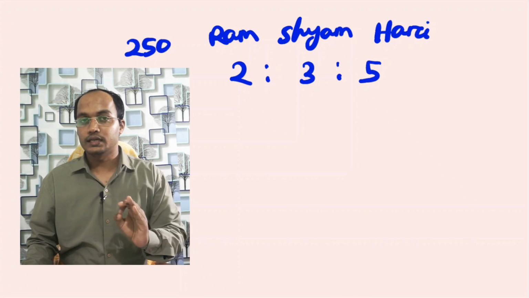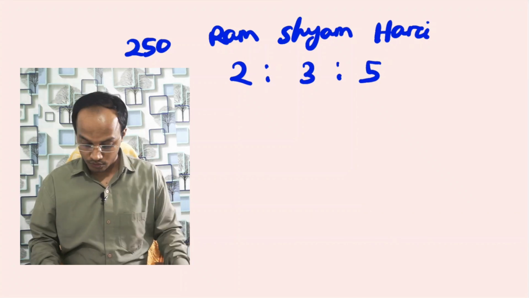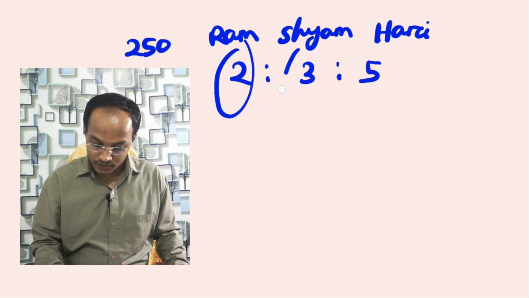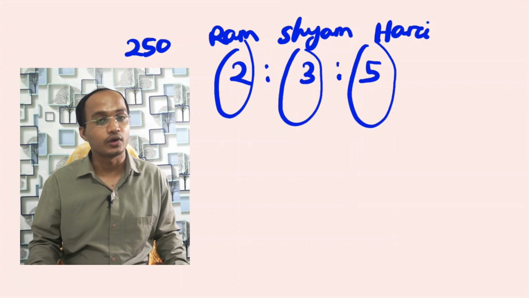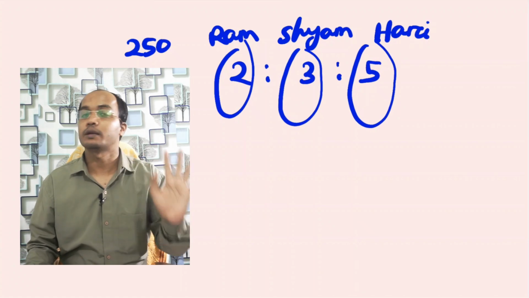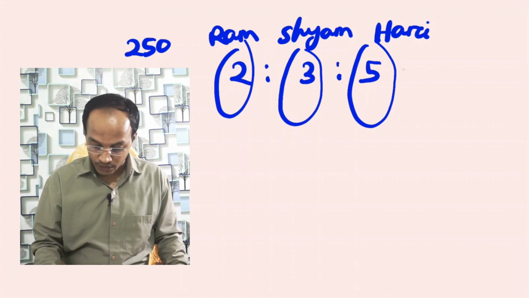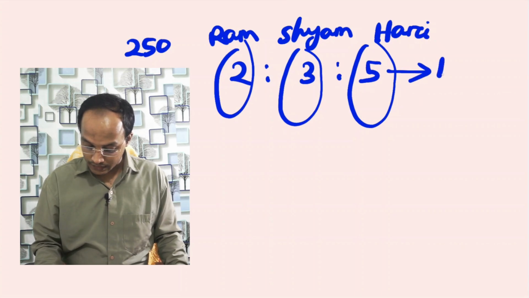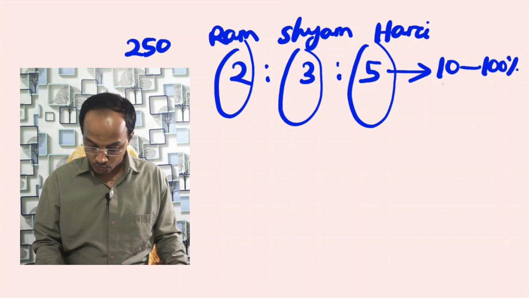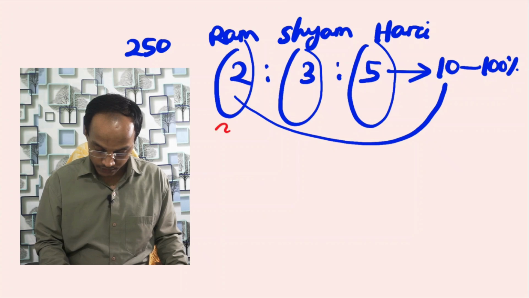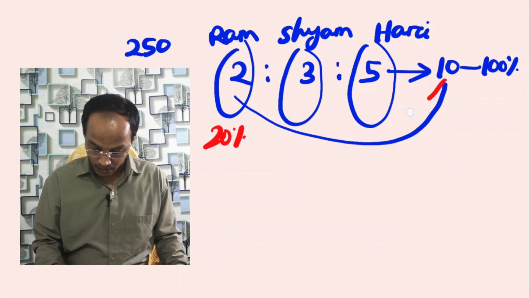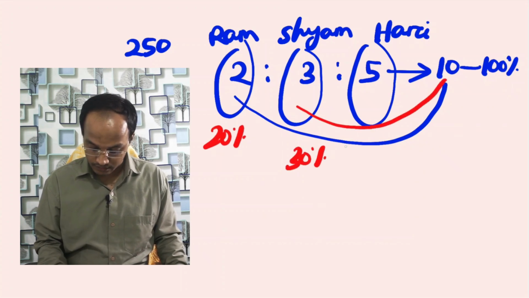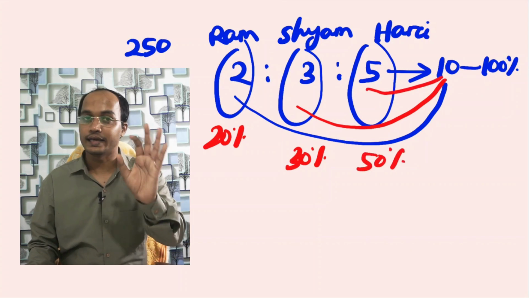Then the question is asked: how much amount does Ram get, how much does Shyam get, and how much does Hari get, and also what is their percentage? Easily we can find the percentage like this. Total is 10. 10 means 100% full. So Ram is 20%, Shyam is 30%, and Hari is 50%.